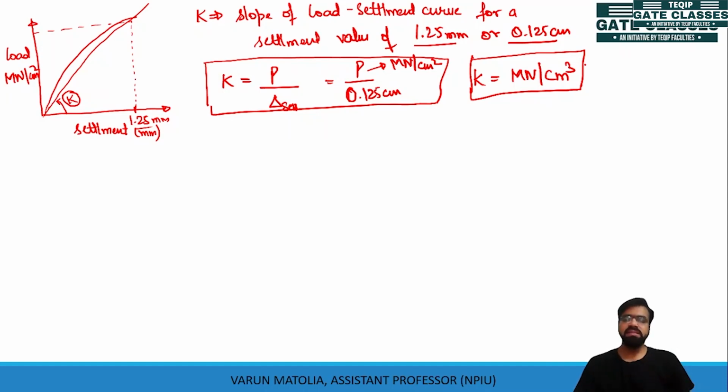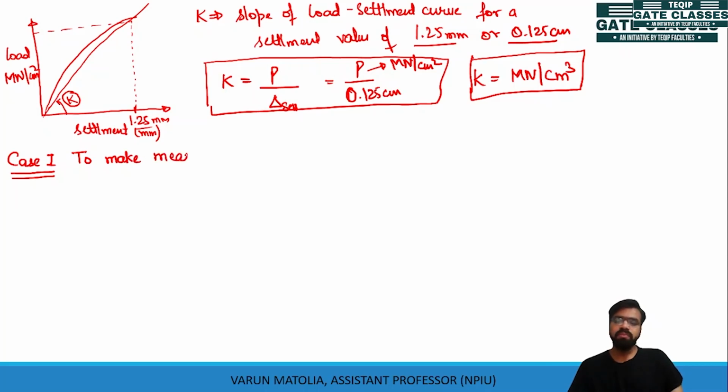There are different cases which may occur in this arrangement. What are the different cases? Like case 1, to make measurements for worst condition.